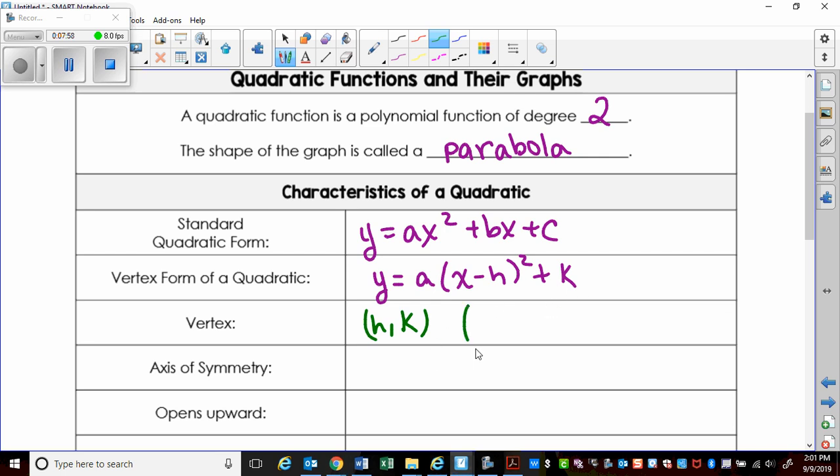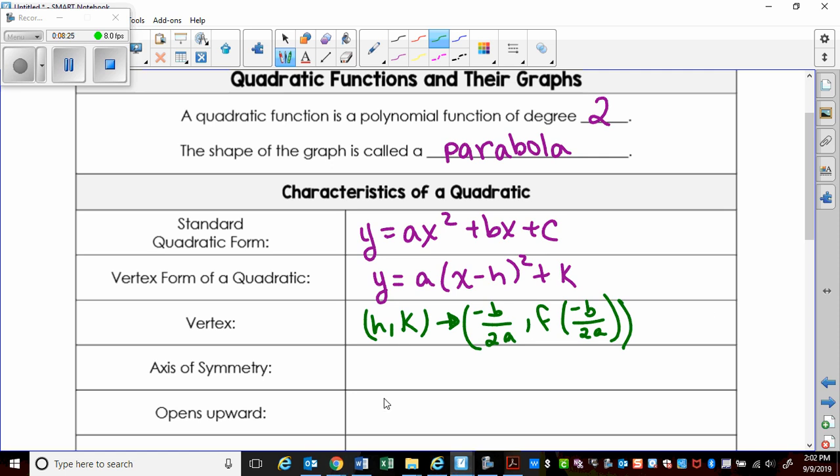And I can usually find this by, I have a formula. It's a trick. We're going to use this. It's a little trick for you guys. I don't know if you've seen this. It's negative b over 2a is my x value, and my y value is the output when we plug that into our function, f at negative b over 2a, whatever our y value is.